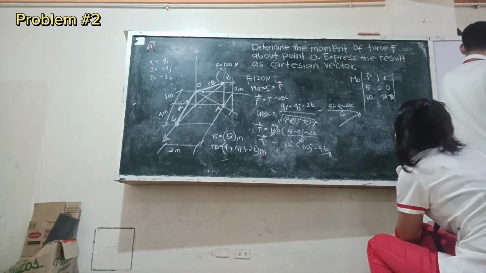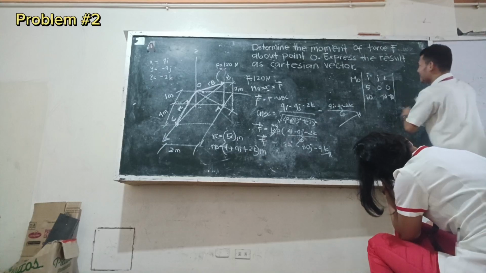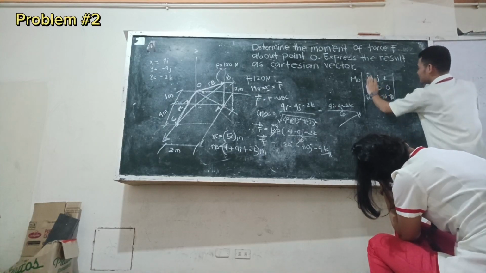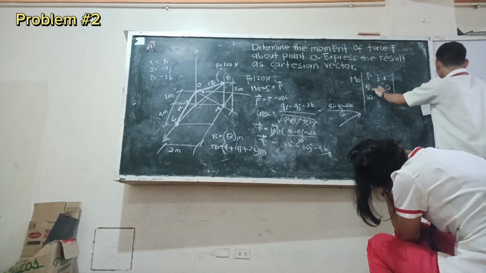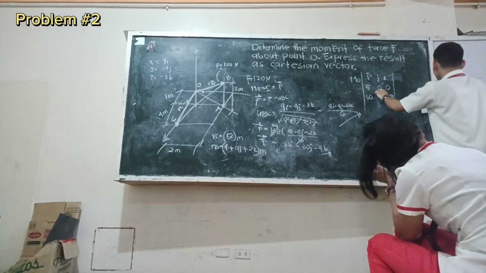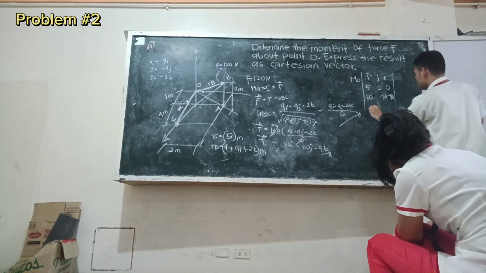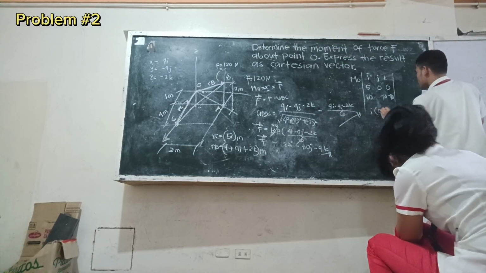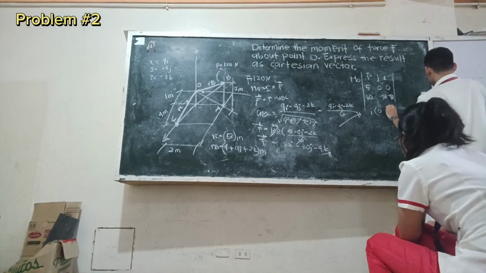In solving for i, we have to tabularize. We cover the i first and multiply using the cross product: 0 times negative 40 is 0, and negative 0.